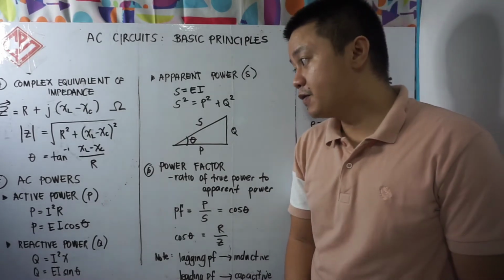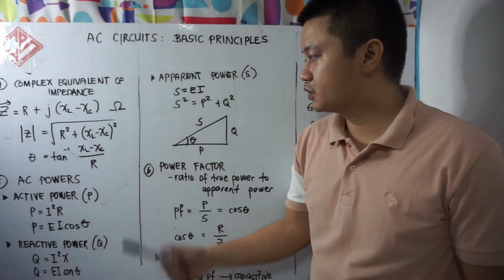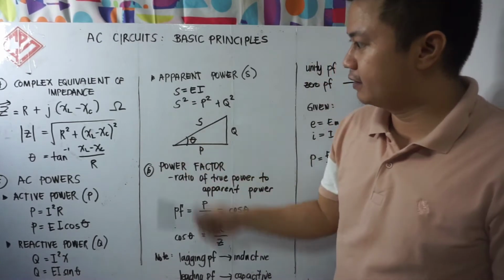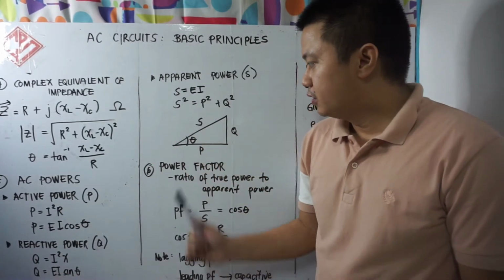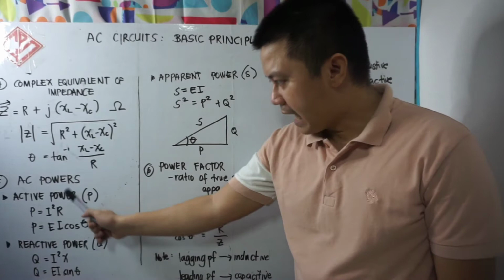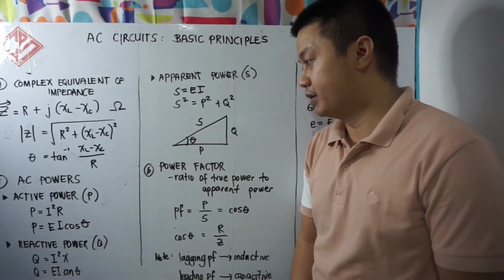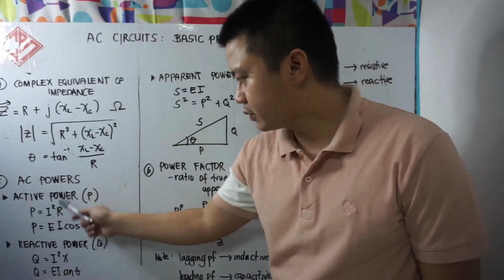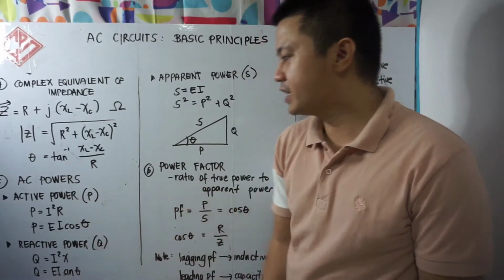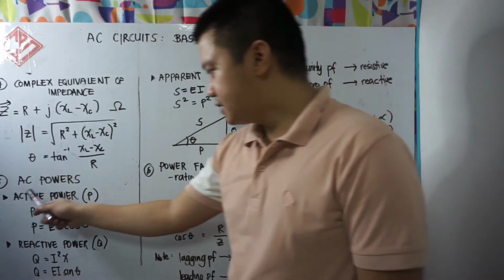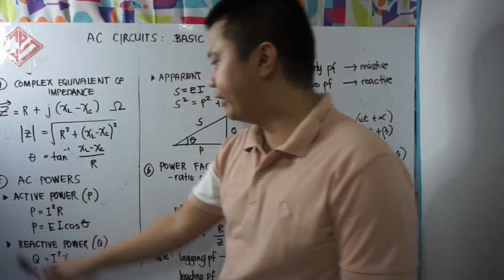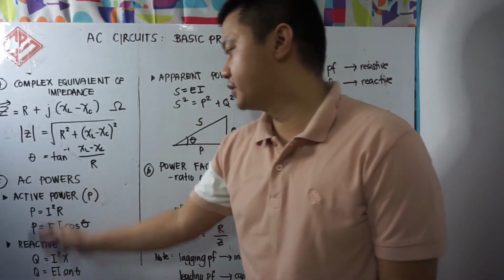Number 5, we have the AC powers. Referring to this power triangle, P is the active power, also called the true power. That is equal to I squared R, or EI cosine theta. Take note that these P's here are magnitude values.